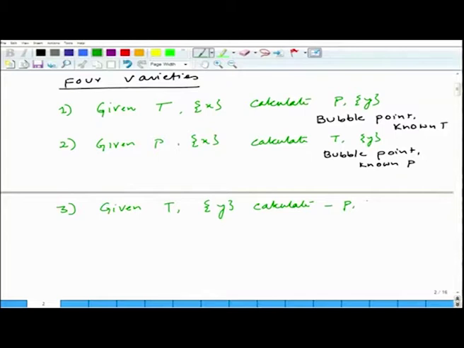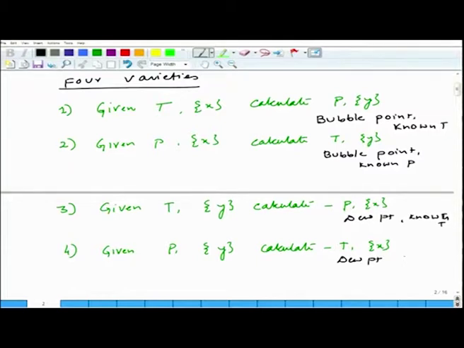Calculate P, x. So, this is dew point, known T, and this is dew point, known pressure. Okay, so these are the simple mechanisms.